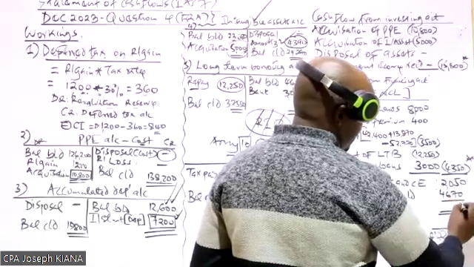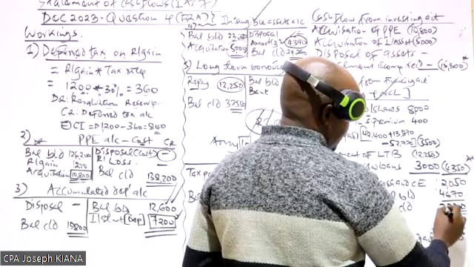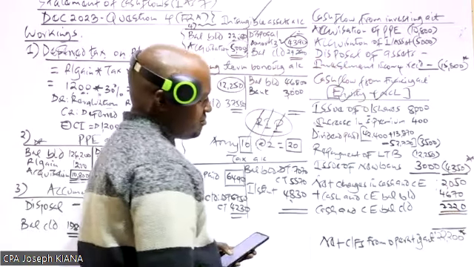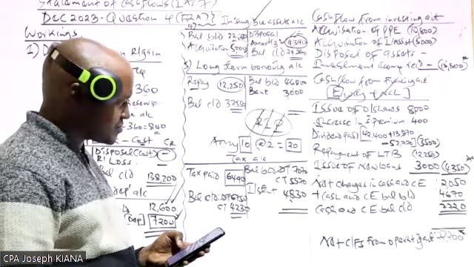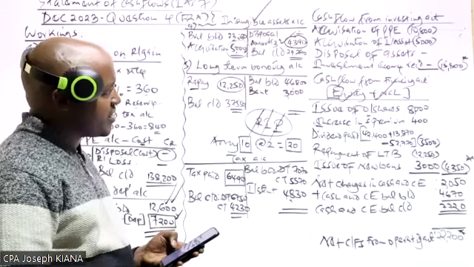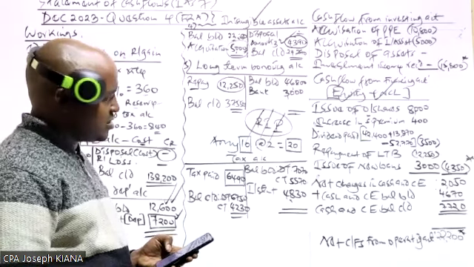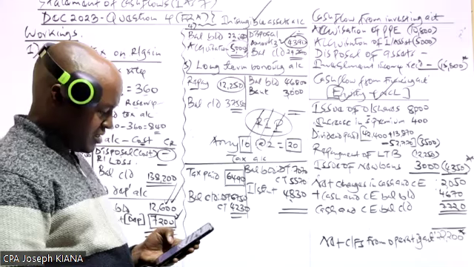So this will give us what? Will it give us that figure there? It will give us a figure of what? Is it 7,720?